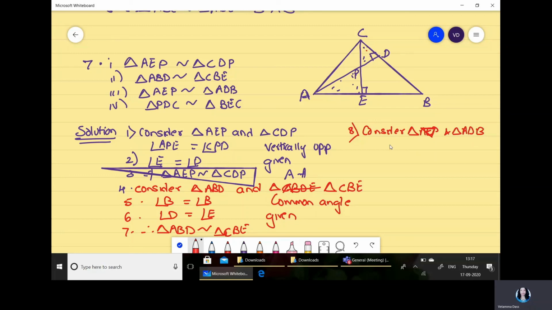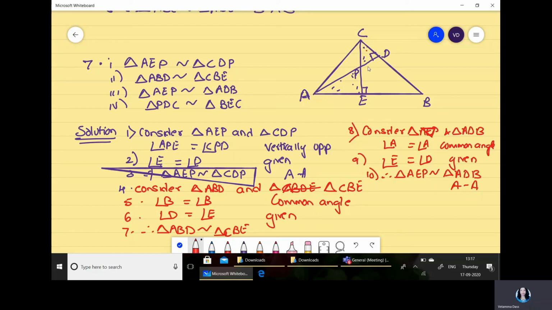Angle A equals angle A, common angle. Also angle E and angle D are equal, again given, and therefore triangle AEP is similar to triangle ADB, by the AA test of similarity. So in the whole set we can prove the triangles using the AA test of similarity.